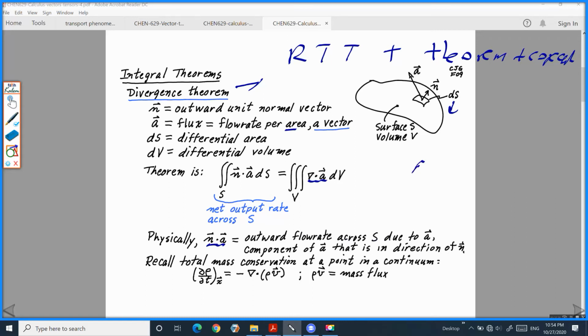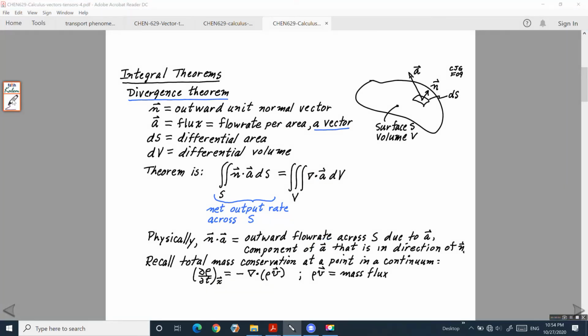You say you have here again your s. This gives the total flow rate across your surface ds due to the vector a. So the direction of a is the same direction as the normal vector. So then we can call the total mass conservation at a point in the continuum. It can be given by this formula again. So, continue.